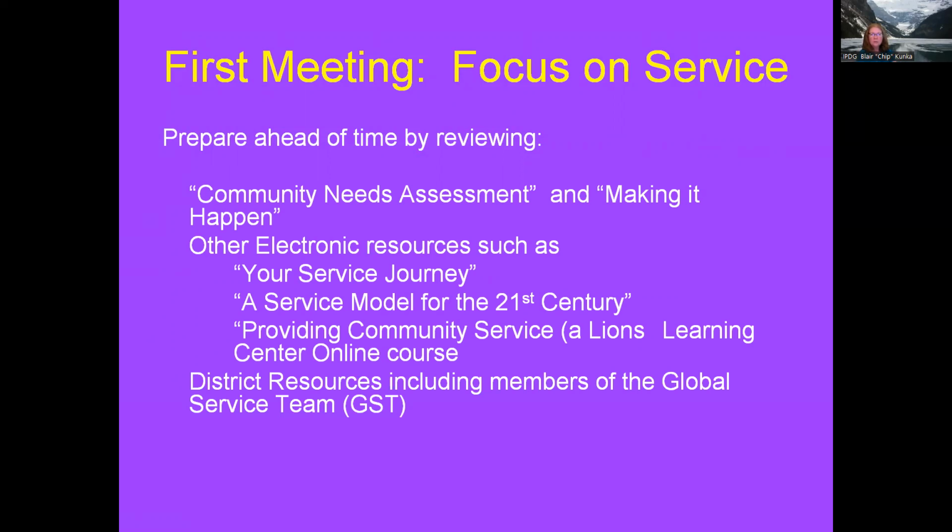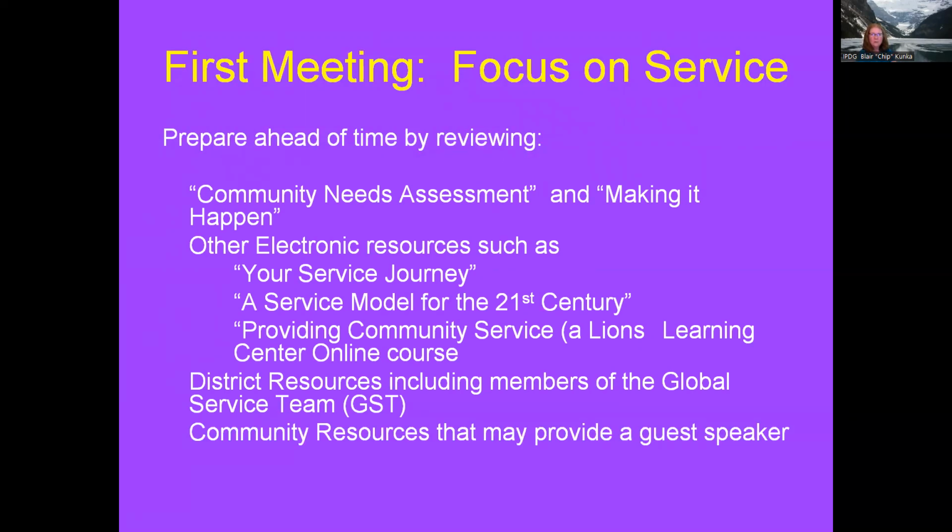District resources include members of the global service team. Our global service team chairperson or coordinator is Tom Maver. Community resources may also provide a guest speaker.